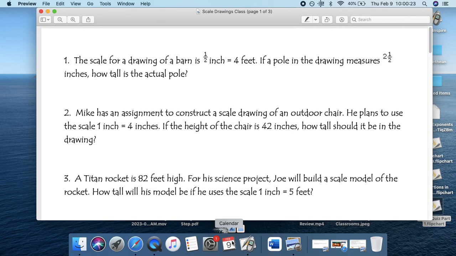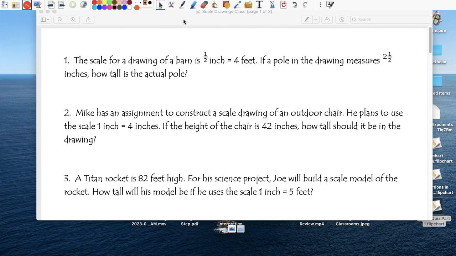Scale drawing of a barn. So if you have a drawing and it says that it's 1/2 inch, please write your units. It makes life so much easier. 1/2 inch is 4 feet. If the pole in the drawing measures 2.5 inches, how tall is the actual pole? Okay, so set your proportion, 2.5 inches over x.